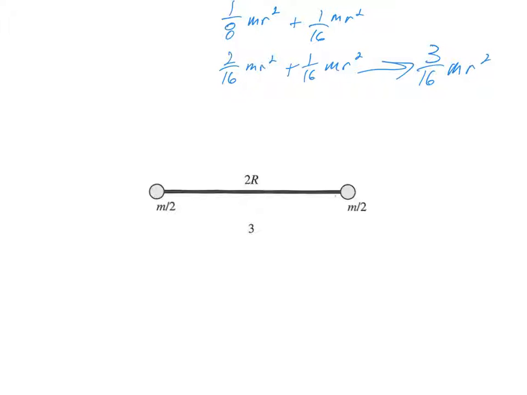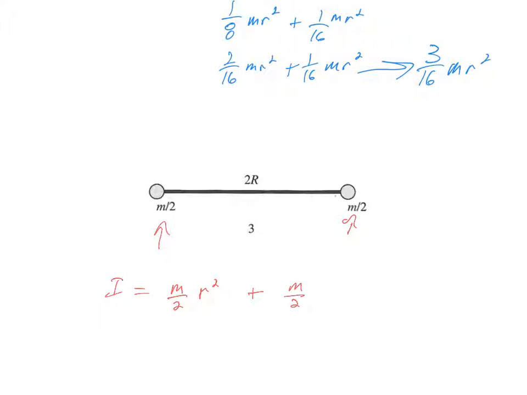All right, let's do the last one. We have to do this side, then we have to do this side. So I equals, let's do the first one. It's mr squared. I have half of an m. These are getting weird, aren't they? And my r is 2r, so 1r is r squared. Now let's add that to the other side, which would be exactly the same.